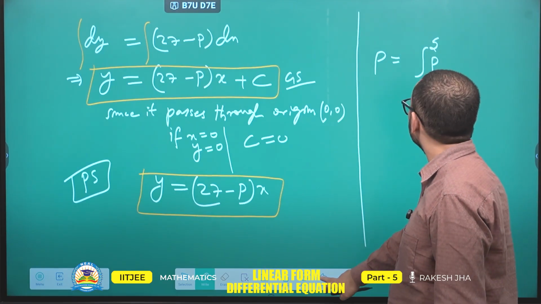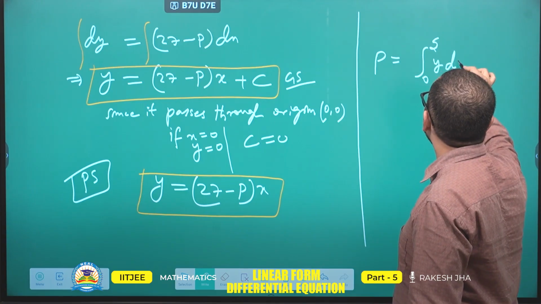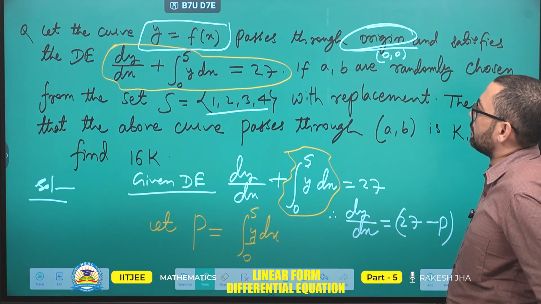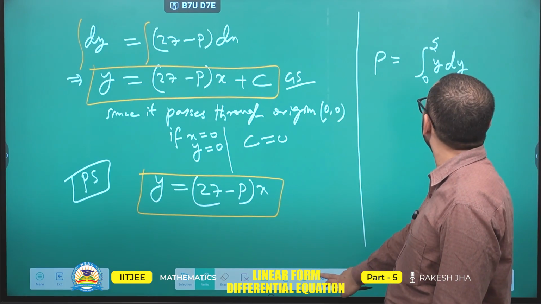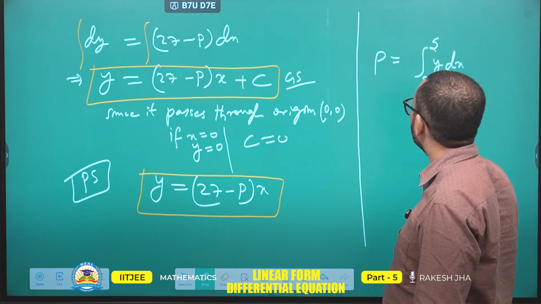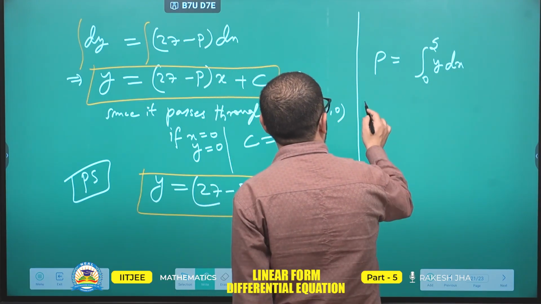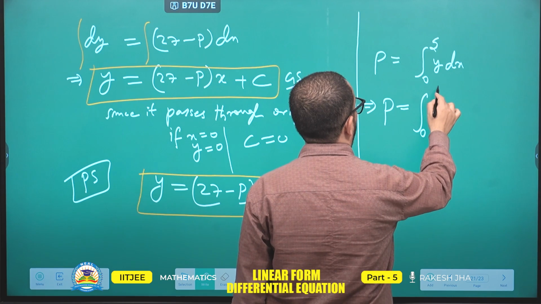here it is y dx, y dy. What is written? It is a y dx. So it would be, of course, y dx. Now we have to put the value of y. So this implies that p is equal to integral 0 to 5.